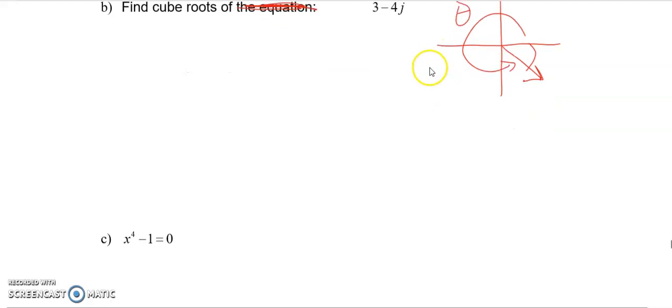Be careful, though, because when you're calculating theta, note that 3 minus 4j, if you were to graph that, would be somewhere down in quadrant number 4. So your first initial calculation for the angle would actually give you the reference angle, inverse tangent of 4 over 3. You would have to subtract that from 360 to get your theta. So be careful with that. But cube roots, there's going to be 3 of them.